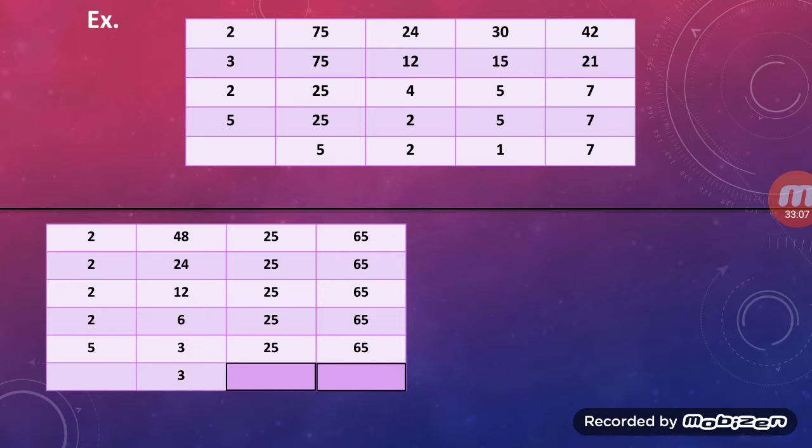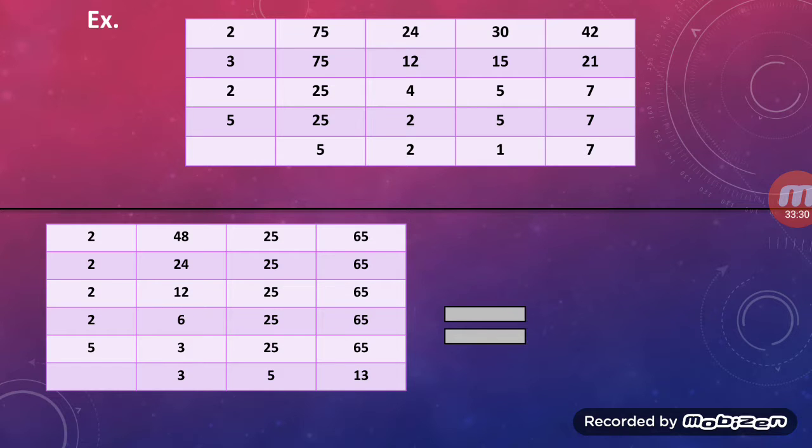So breaking down, 3 remains the same, 25 becomes 5, and you'll know 5 is also a prime number. Now 65 divided by 5 is 13, and if you're paying attention, 13 is also a prime number because it can only have the 2 factors, 1 and itself.